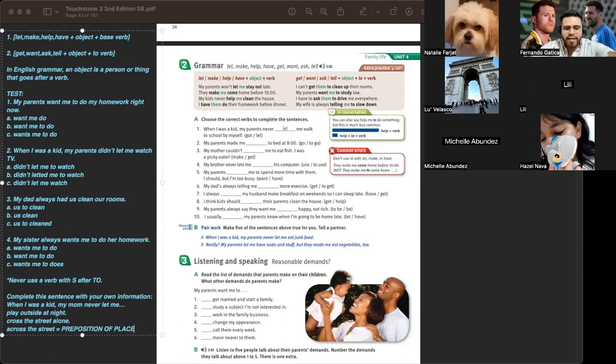So it's like an expression of place. You know, where is McDonald's? Oh, it's across the street. It's a preposition. Where is your house? It's across the street. But if I say cross the street, it is the verb. Yes, it's crazy. One little letter changes everything.